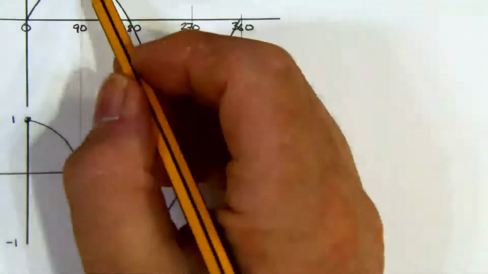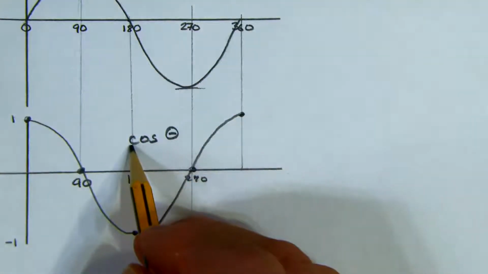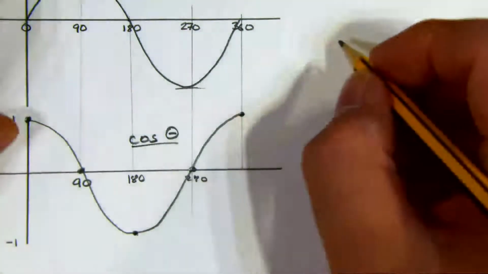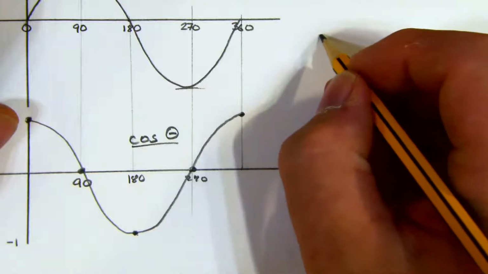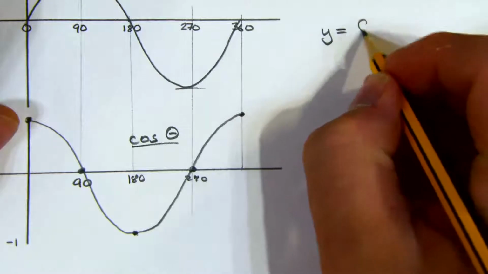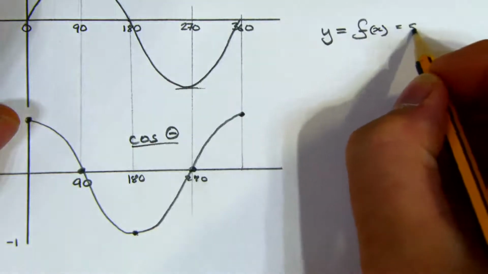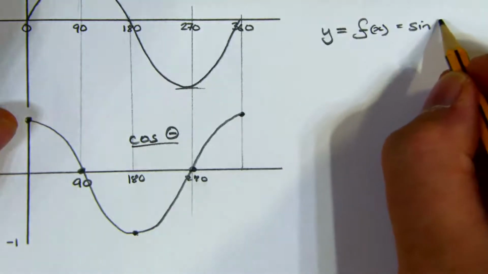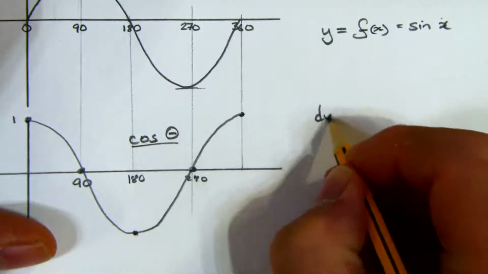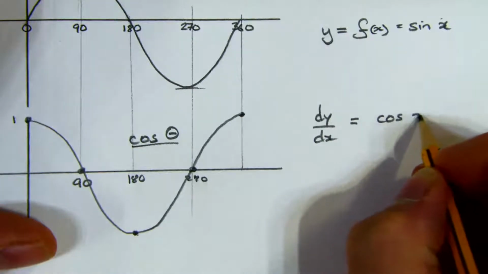And so by looking at the gradient of this sine, we can see that it has become a cos. So we are seeing that if we have y equals some sort of function, which is sine x, when we differentiate this, dy by dx, we're going to get cos x.